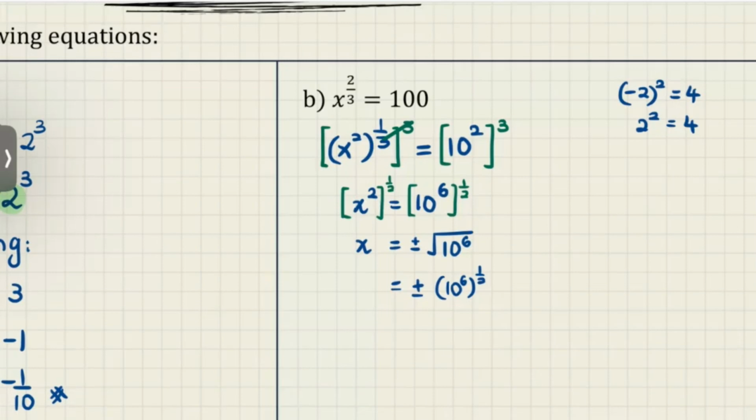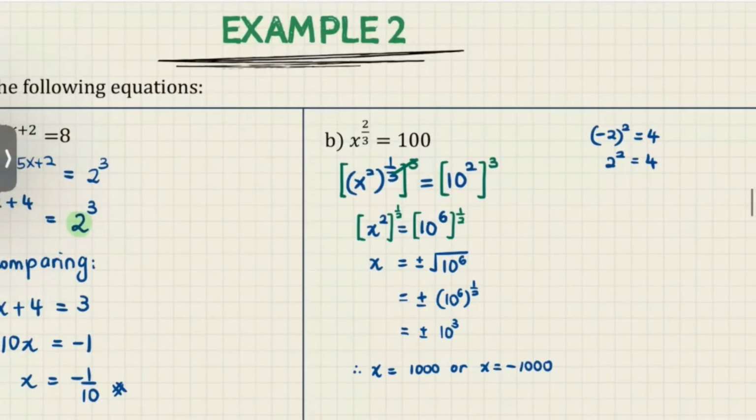So 6 darabkan dengan half, kita ada plus minus 10 to the power of 3. So that means our final answer of x will be, it's either 1000 or x equals to negative 1000. Okay, so akan ada 2 possible values lah.